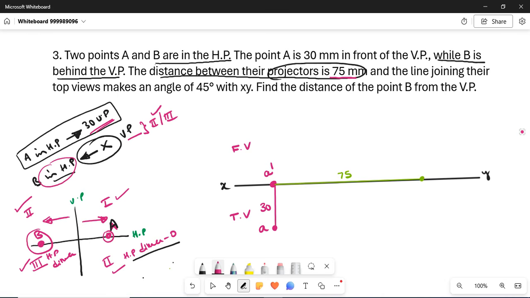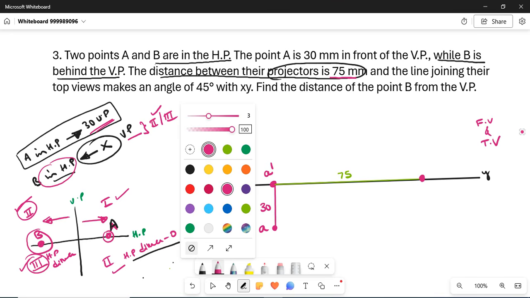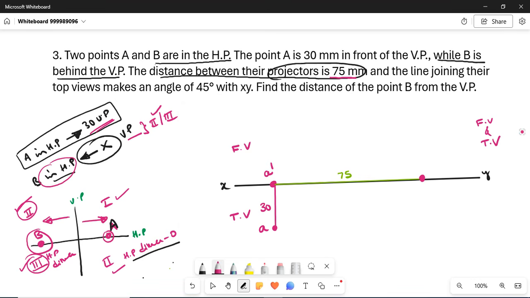Now after marking the 75 distance, you assume that it is the second quadrant for the B point. Now I am assuming the second quadrant, which means both the front view as well as the top view of the B point will be above the XY line. And now draw this point, which becomes B dash here.